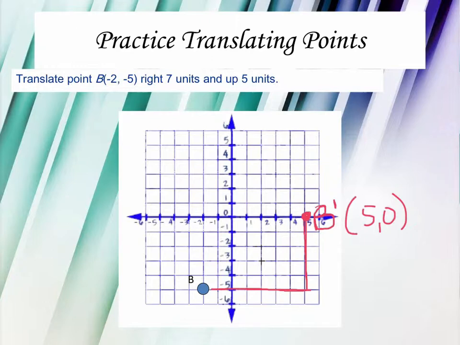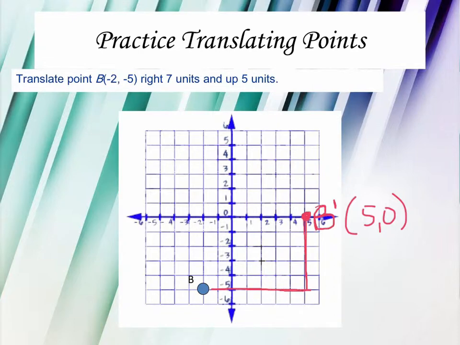Okay, hopefully you tried it on your own and this is the answer you should have gotten. Let's discuss. We began with our pre-image here, which is B at (-2, -5). I translated my point to the right 7 units. And when I say 7 units, each one of these is 1 unit. So 1, 2, 3, 4, 5, 6, 7.